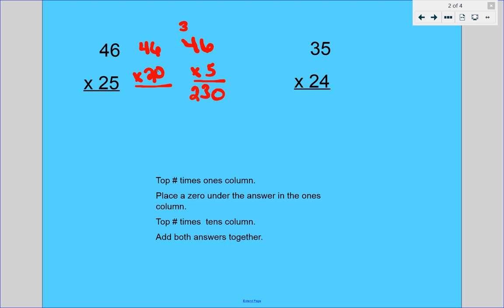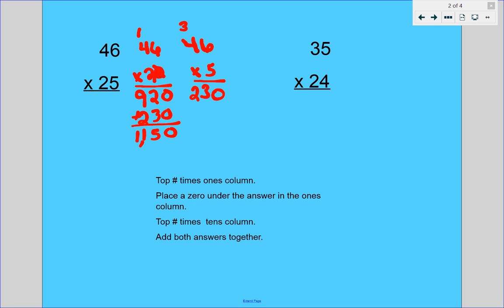And then we crossed out our 0, we put our 0 right there. 2 times 6 is 12, carry our 1. 2 times 4 is 8, plus 1 more is 9. And then we just added the two numbers together. Okay, that was the first way we looked at it.